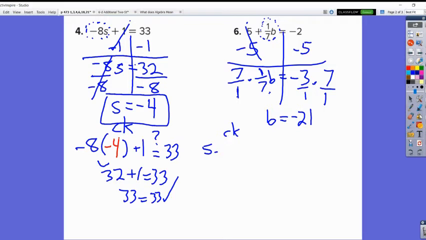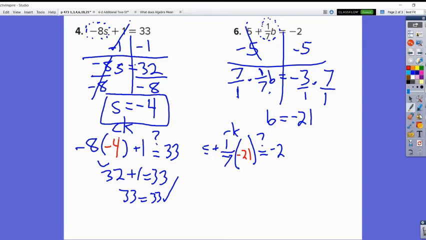Okay, 5 plus 1/7, and I think that b is negative 21.